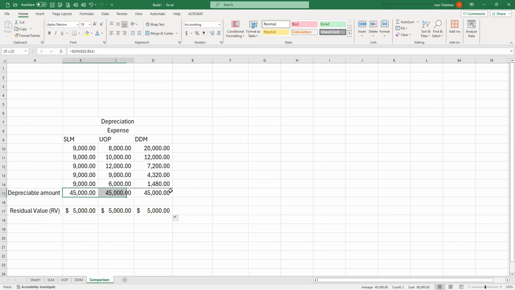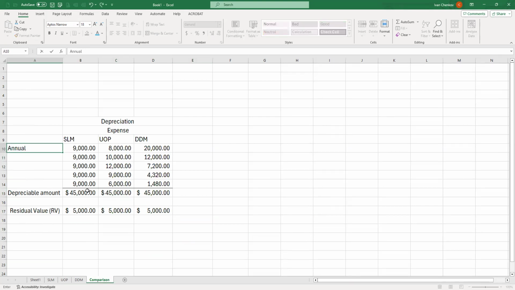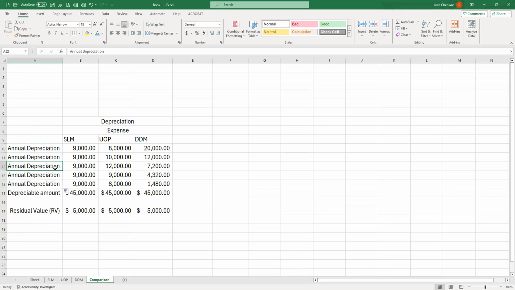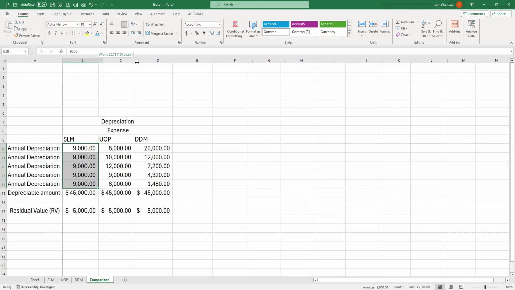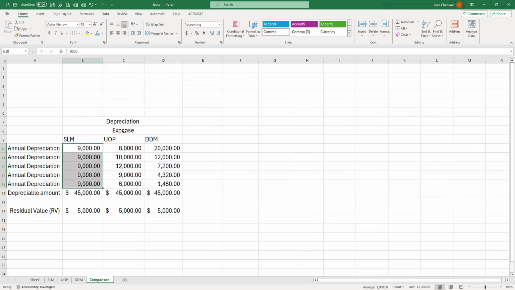So what's the difference between the methods? The only difference, as you can see, is the annual depreciation that we're applying over the years. The straight line method gives you exactly the same amount year over year.